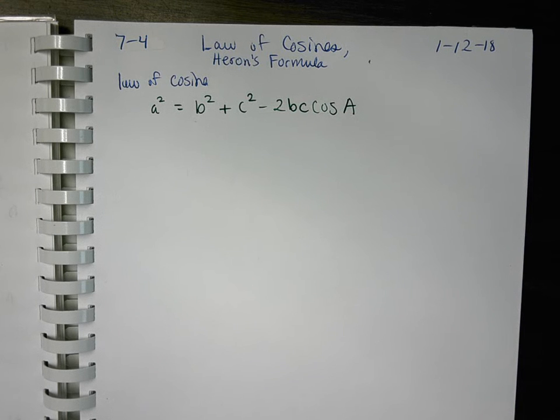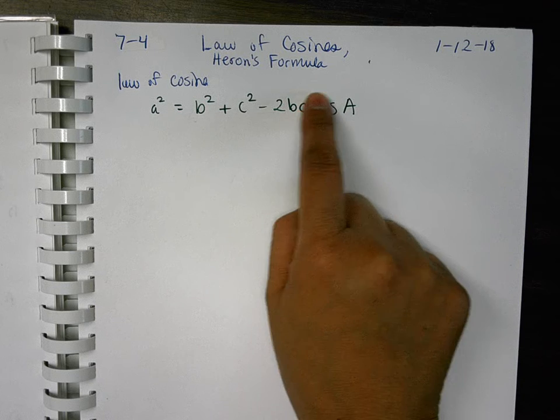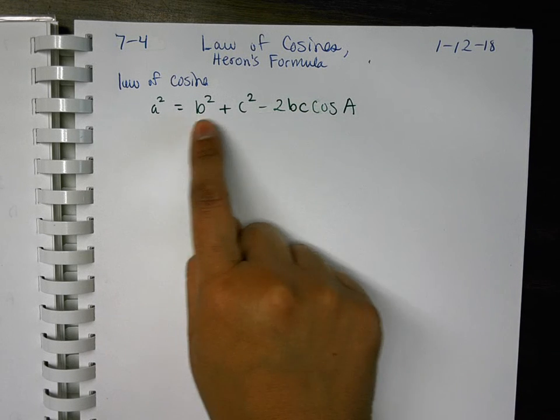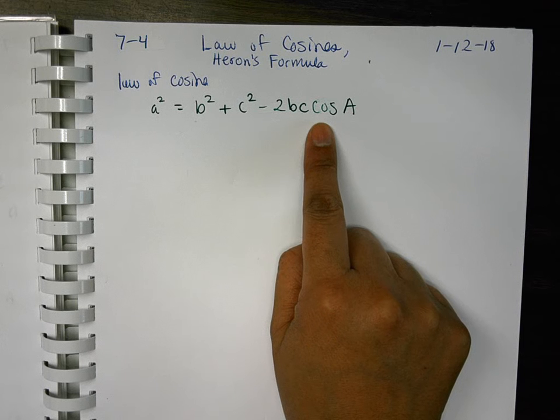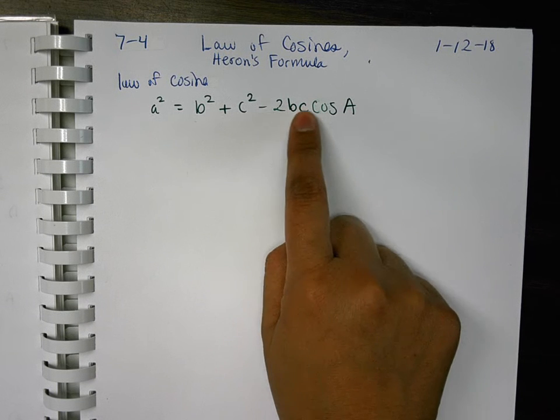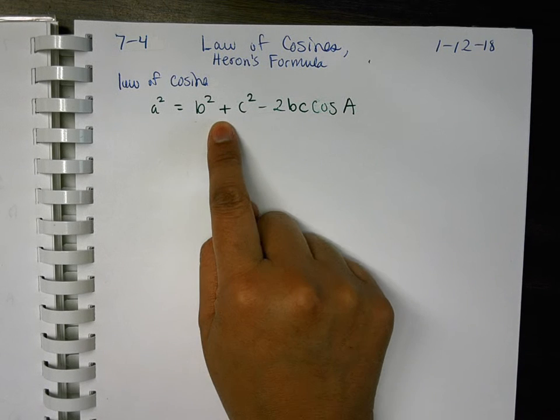We'll talk about easy ways to memorize it. So B squared plus C squared minus, now all of this is being multiplied. In order of operations, you multiply all this together before adding and subtracting. You're going to simplify 2 times B times C times the cosine of A, and then subtract it from the sum of B squared plus C squared.